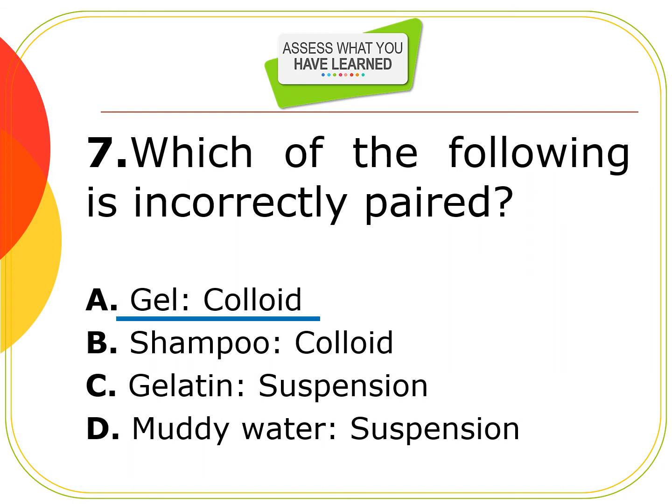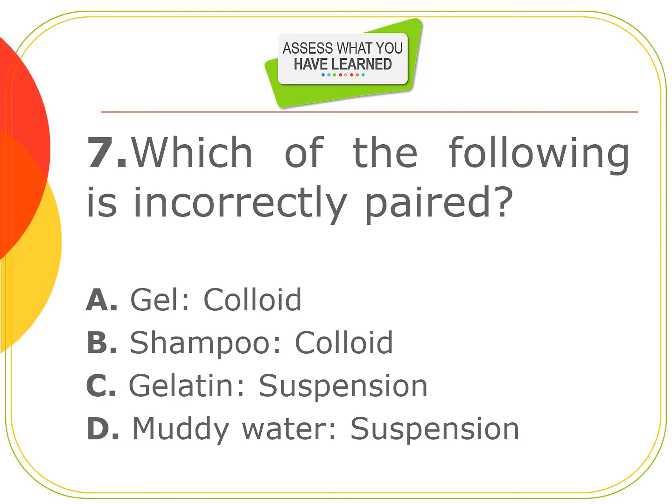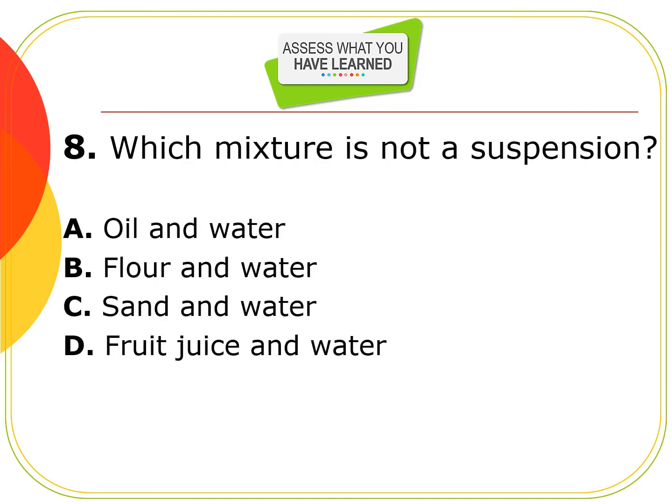A. Gel colloid, B. Shampoo colloid, C. Gelatin suspension, D. Muddy water suspension. Number 8. Which mixture is not a suspension? A. Oil and water, B. Flour and water, C. Sand and water, D. Fruit juice and water.